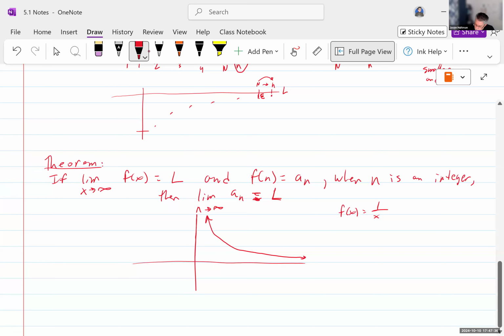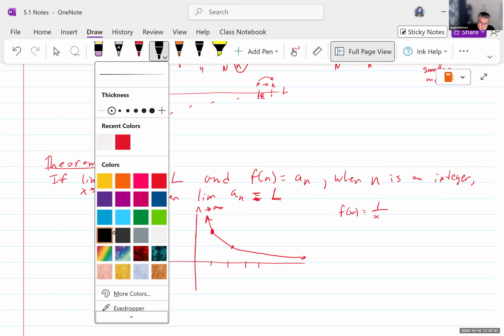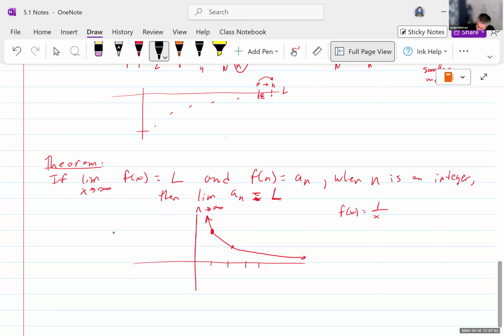And if we say, well, we only want the integer values, that's when n is 1, 2, 3, 4. I'll put those in black. Well, it's still following the pattern, it's just doing it in jumps.